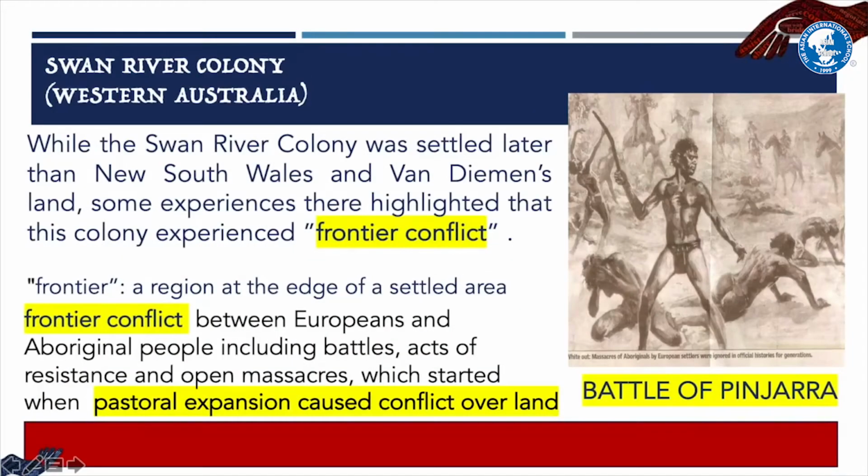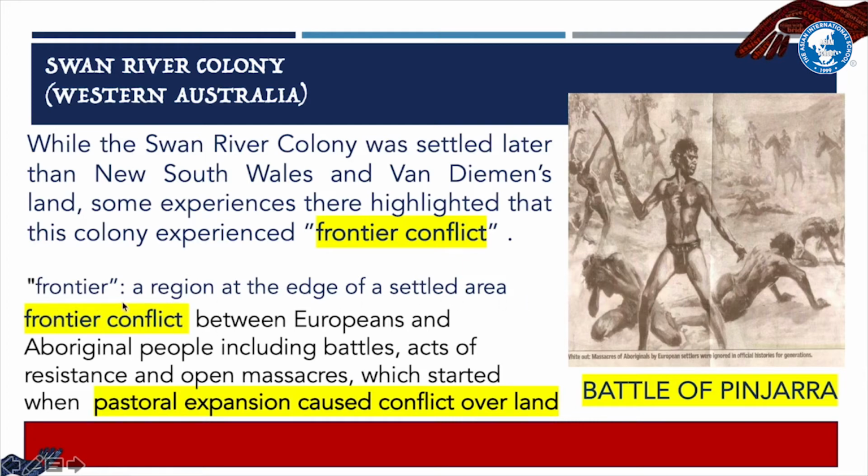Okay, now let's have another example of conflict in the Swan River Colony in Western Australia. While the Swan River Colony was settled later than New South Wales and Van Diemen's Land, some experiences there highlighted that this colony experienced frontier conflict. Now, what is frontier? It's a region at the edge of a settled area.